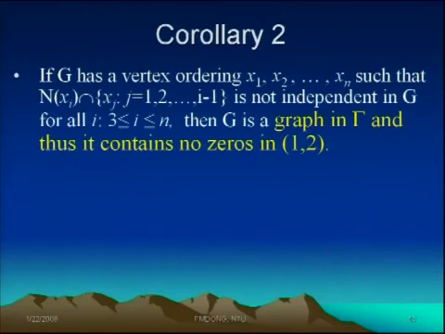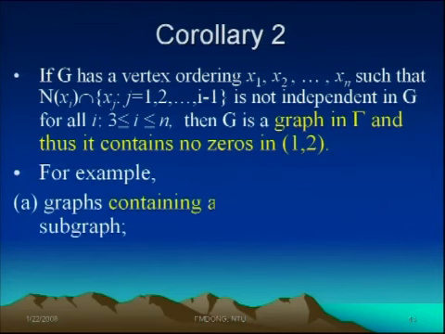And the second one says if there's an ordering S1, S2, up to Sn such that every set N(Si) intersected with the vertices before Si is always not independent, then of course the graph is in gamma. And the special cases are these graphs.